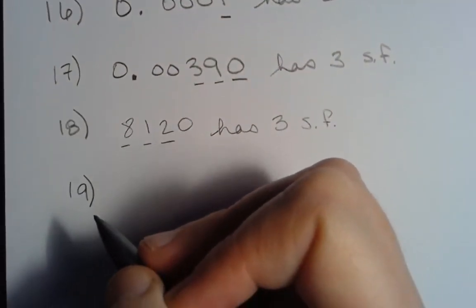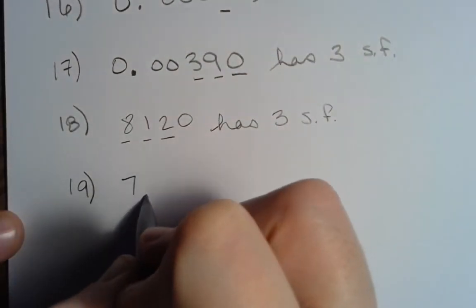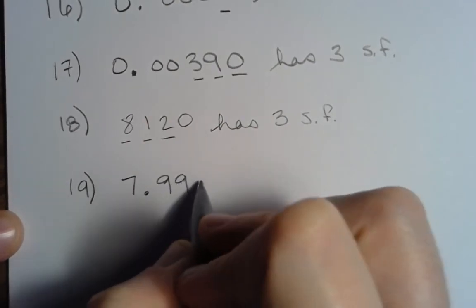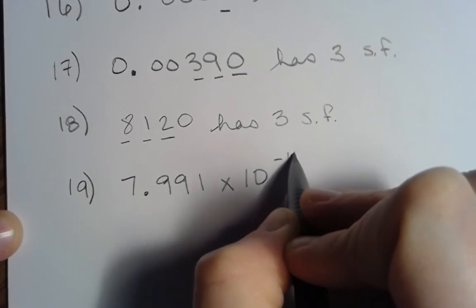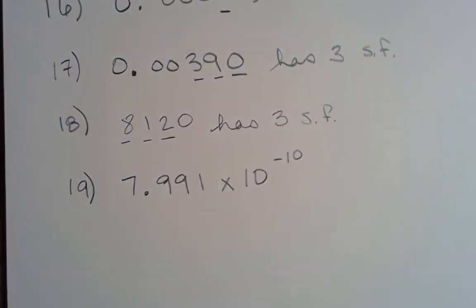19 we did together yesterday. Here's another one with scientific notation. And somebody asked in class yesterday, do we have to solve that? On Wednesday, you will know totally how to solve this, and you're going to totally get it.